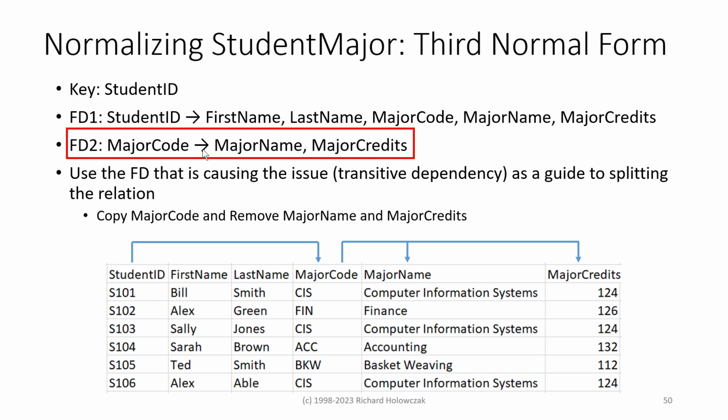As always, when it comes to splitting, we copy what is to the left, in this case major code, and we remove what is to the right of the arrow, major name and major credits. This always works. You find out the functional dependency that's causing the problem, copy what's to the left, remove what is to the right.